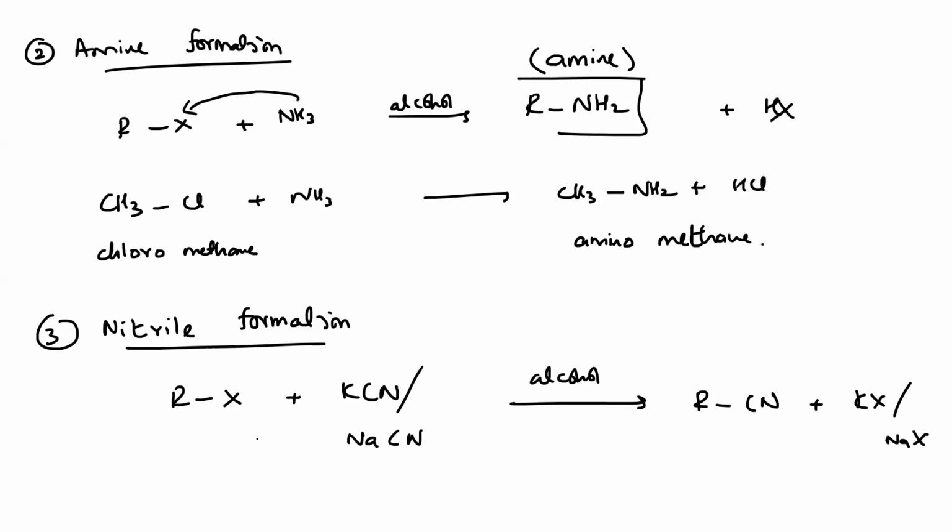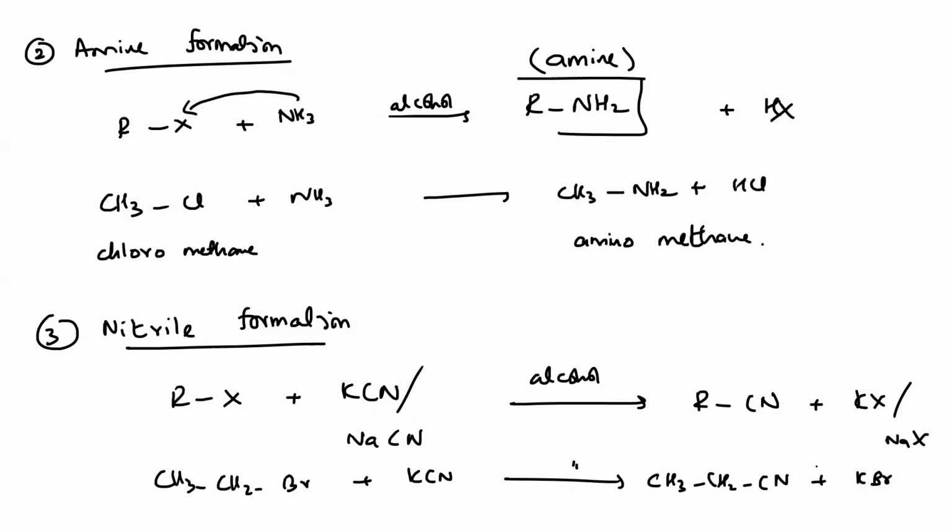We get this? Yes. So if we have CH3CH2Br here, and we use KCN and alcohol, what we have here is CH3CH2CN with KBr. Yes. The same reaction is true for sodium cyanide too. We get this? Yes.